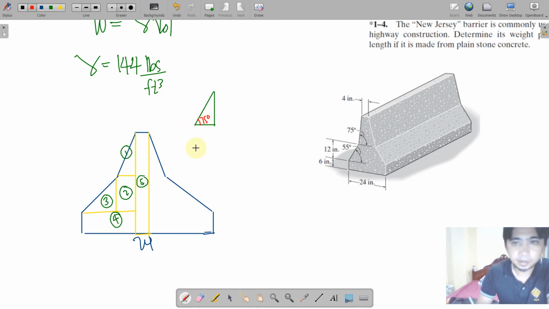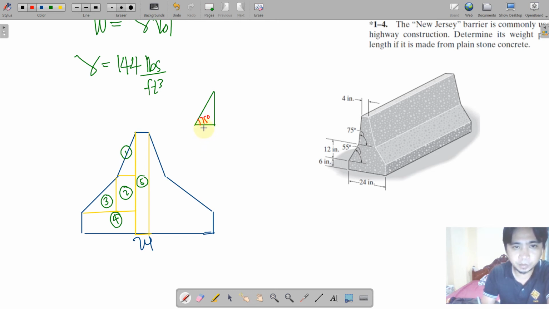What else do we know about that one? Nothing more. Do we know this height? No, we do not know this height. Do we know this base? Not yet, but we can solve that one.